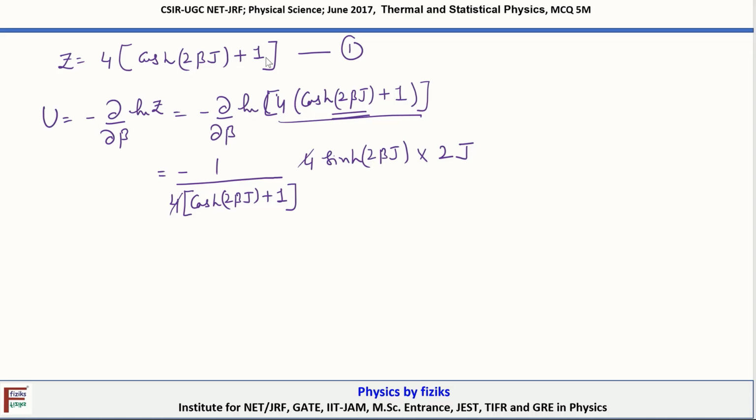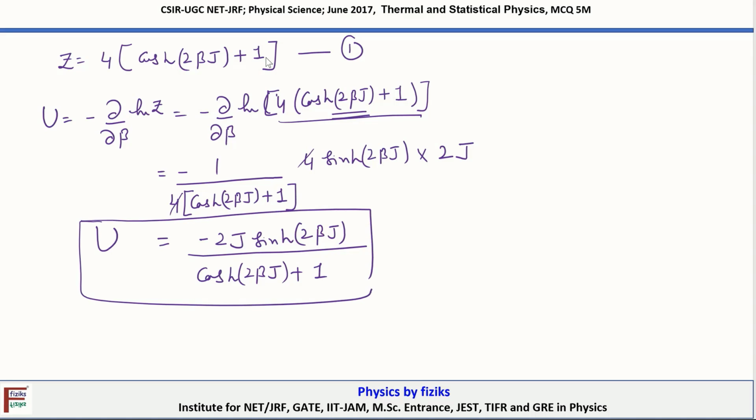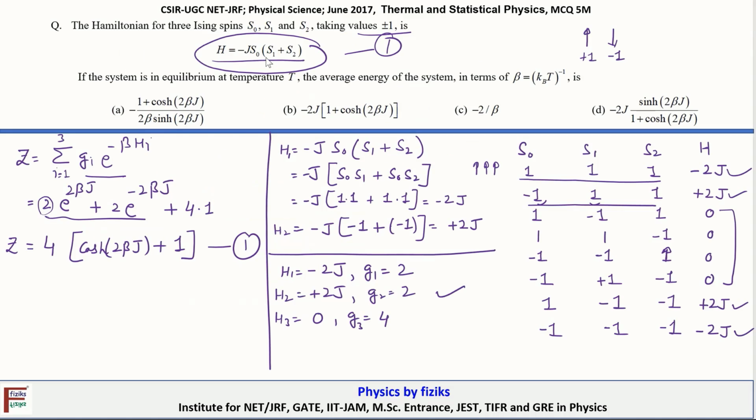And this is equal to minus 2j sine hyperbolic 2 beta j divided by cos hyperbolic 2 beta j plus 1. So that is the average energy for the given system. Okay, so let's check the options that are given to us. If you compare the results that we have obtained, option D is the correct one here.